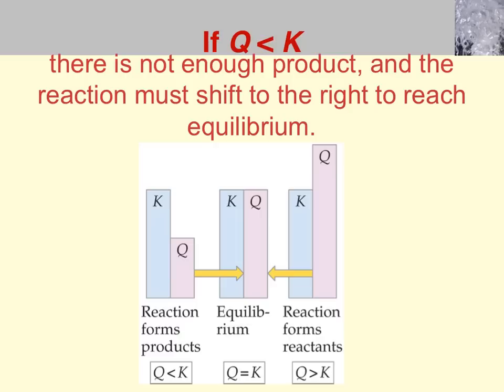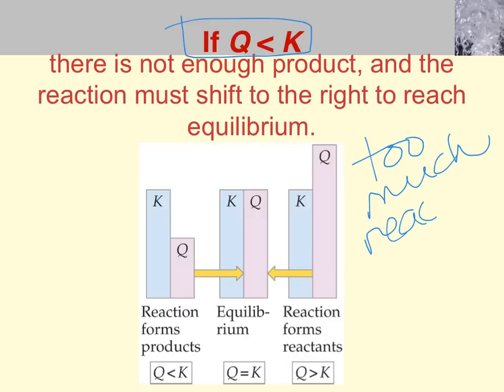If, on the other hand, Q, the reaction quotient, is less than K, if Q is too small, that means your denominator has gotten too large. And what's in the denominator? It's reactant. Okay? So too much reactant. Another way of saying that is not enough product.